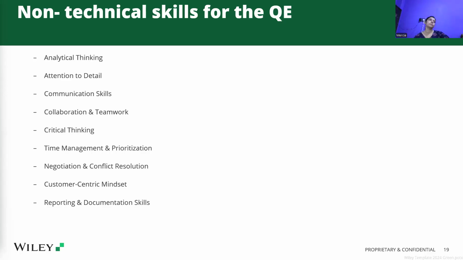Basically, the disagreements might come over a defect, for example. Then a customer-centric mindset, understanding the user expectations and ensuring software meets usability, performance, and reliability standards. And documentation and reporting skills, likewise.